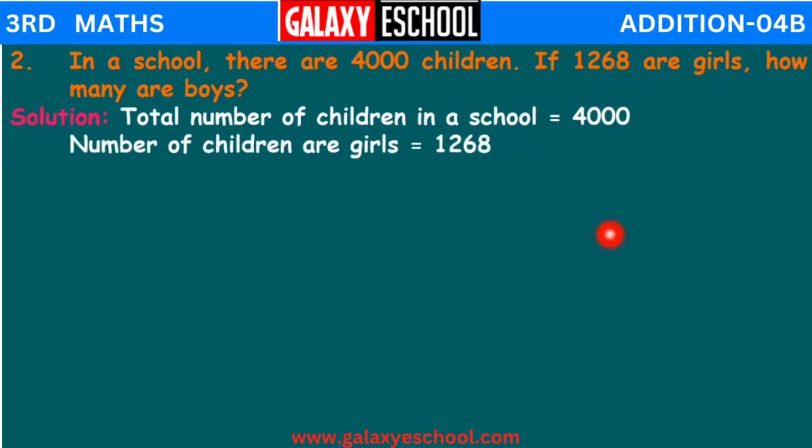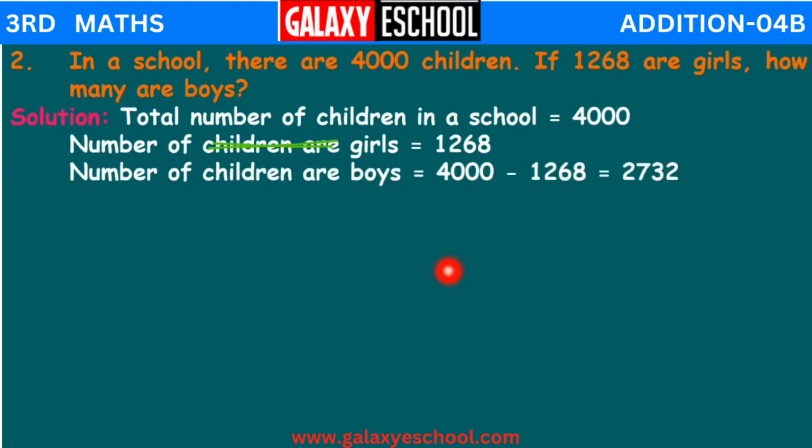So the next sentence will be number of girls is equal to 1,268. Next, how many are boys? Number of boys is equal to, we do not know this number.